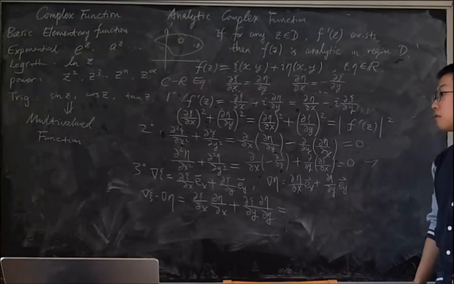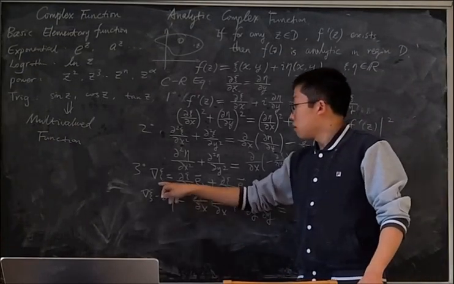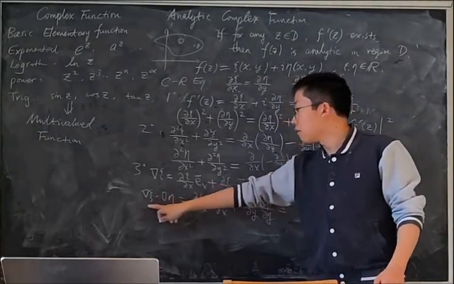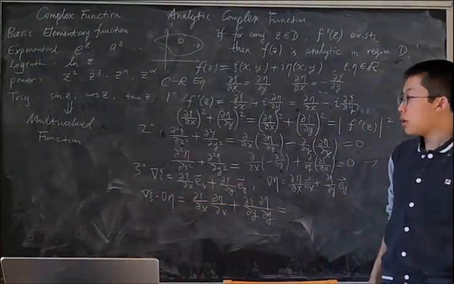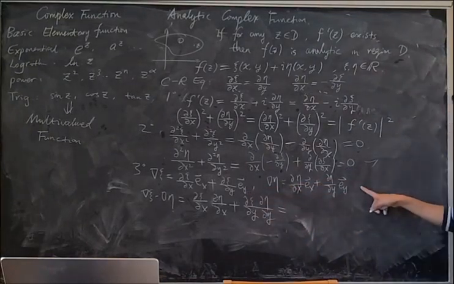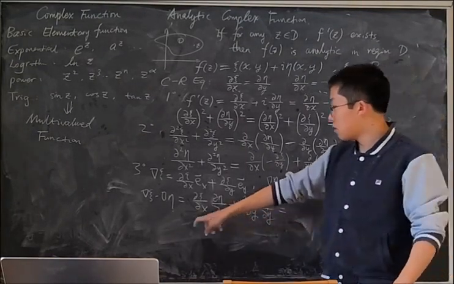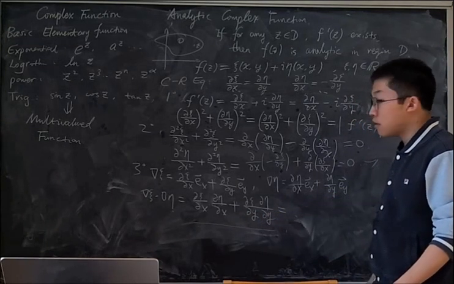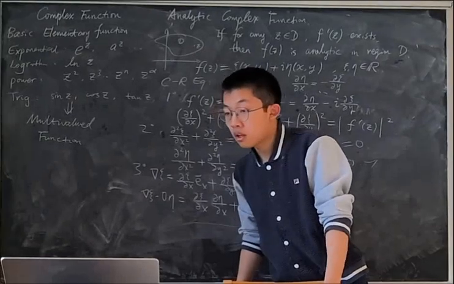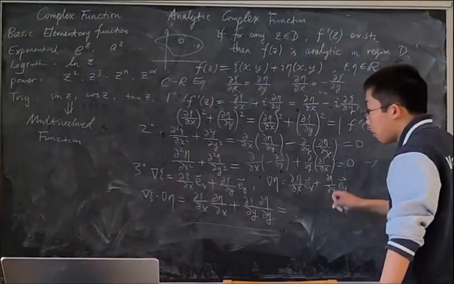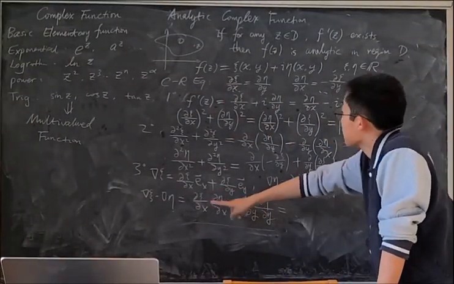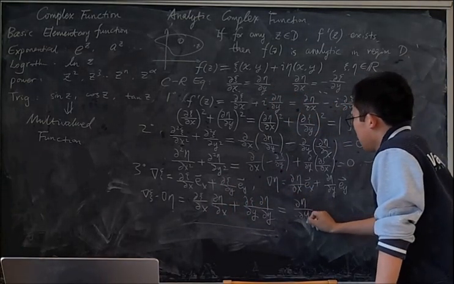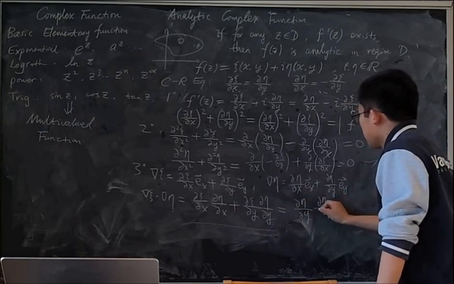And finally, let's evaluate the dot product between the gradients of cosine and eta. We can easily write out the gradients and then take the dot product as this. Okay. And over here, this partial cosine over partial x is equal to partial eta over partial y. And this term, I leave it as it is.